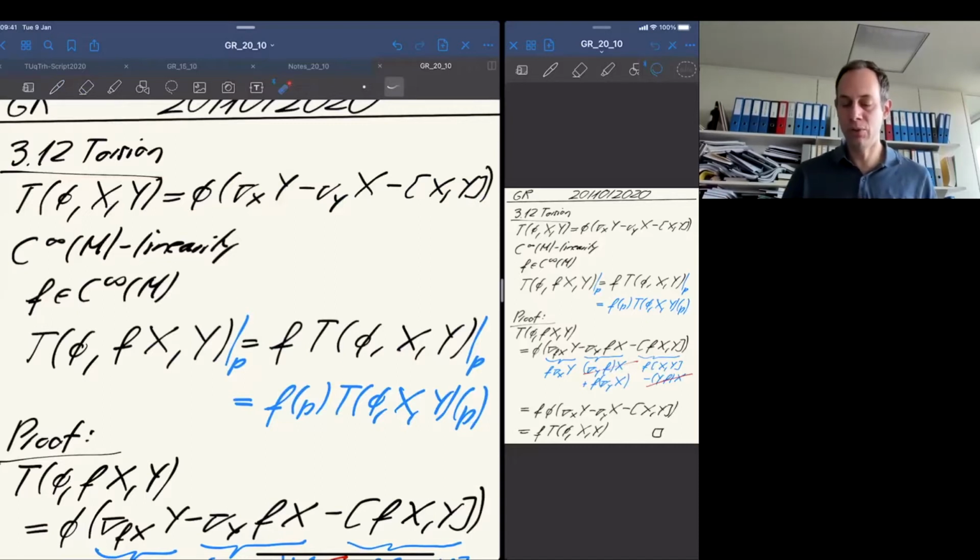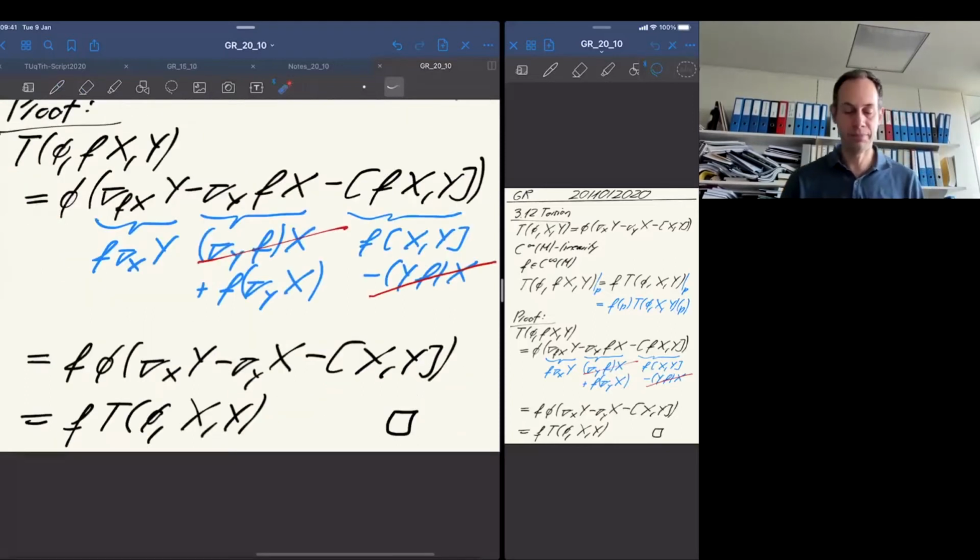So if you want to know what this is at the point P, it's sufficient to know what y is in an arbitrarily small neighborhood of P, but it's not sufficient, because it's not the infinity linear, to only know y at P. However, for this thing here, if you want to know what this is at a certain point P, it's sufficient to know all these inputs here only at the point P. And that's what this thing here means. So we have established that.